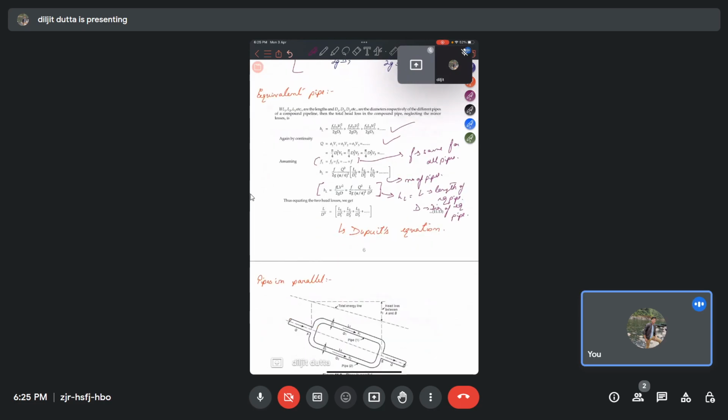If we equate both these equations, we will get L by D to the power 5 equal to the sum of the ratios of the pipes in series, as L1 by D1 to the power 5 plus L2 by D2 to the power 5 plus all the terms. This equation is called Dupuit's equation for the equivalent pipe.